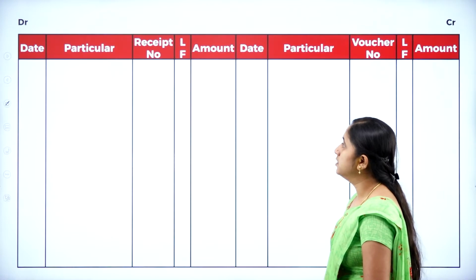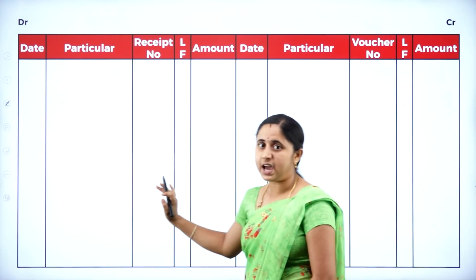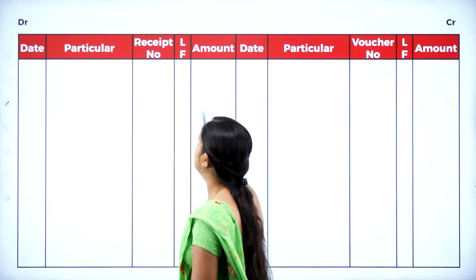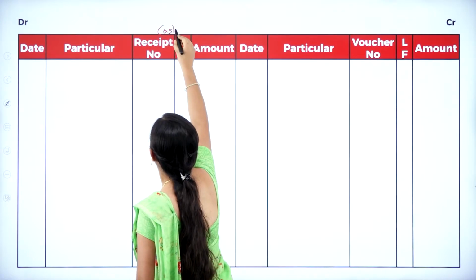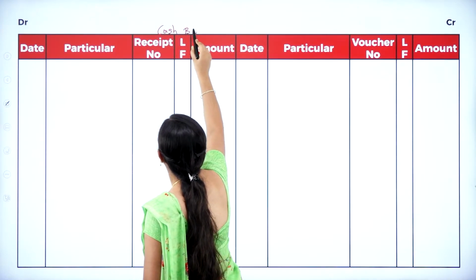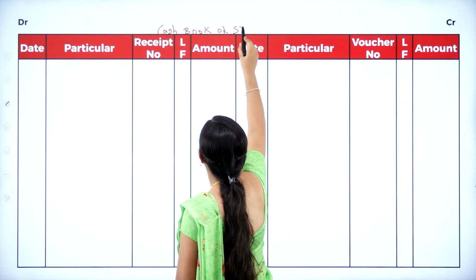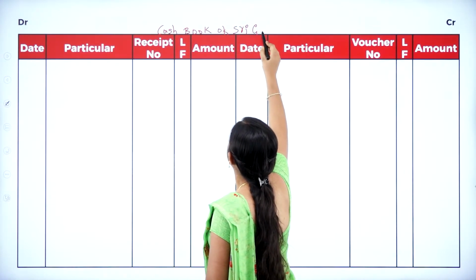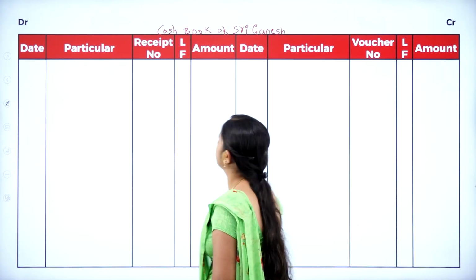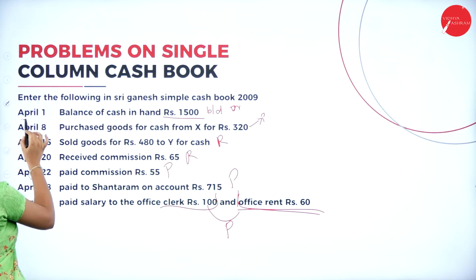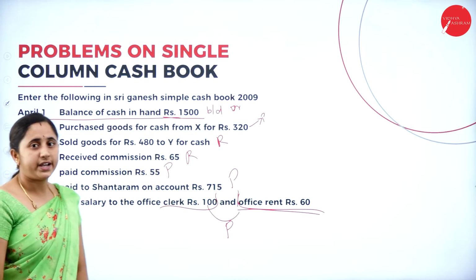So, first this is the format of simple cash book or single column cash book. Write the heading: cash book of Shri Ganesh. First, April 1st, balance of cash in hand 1500.